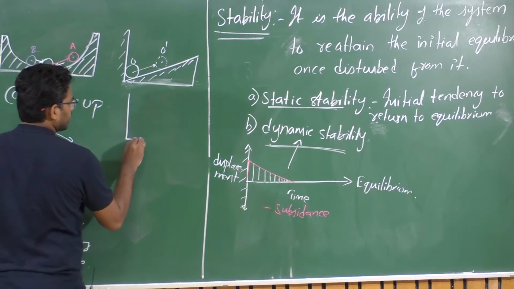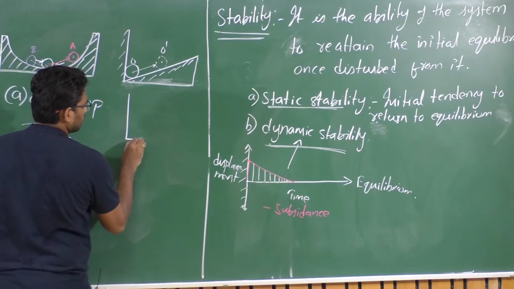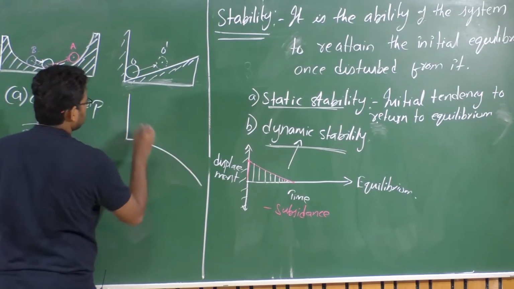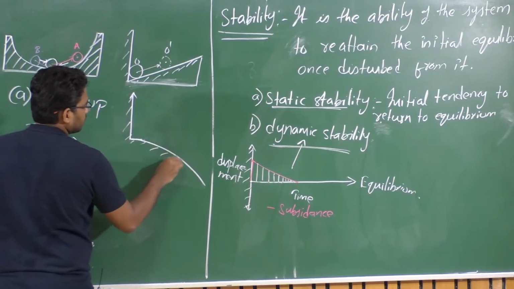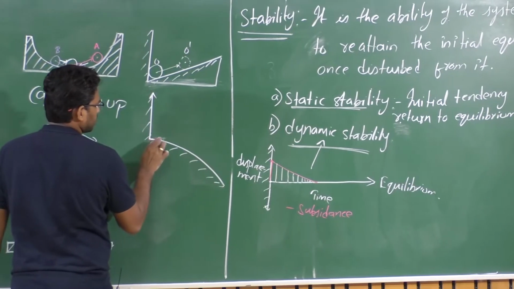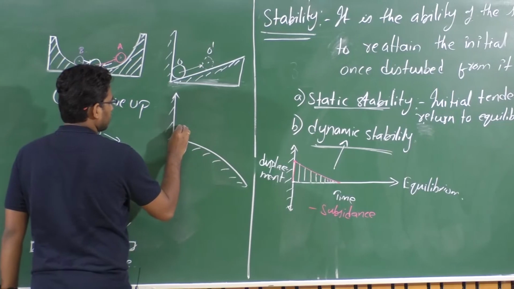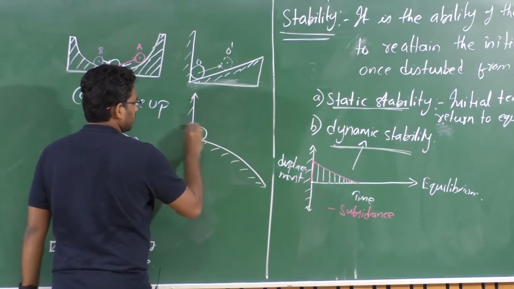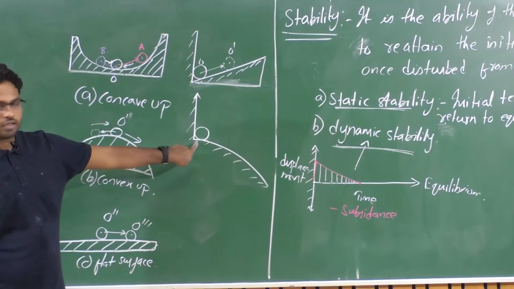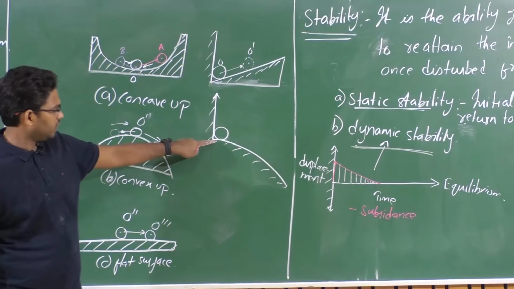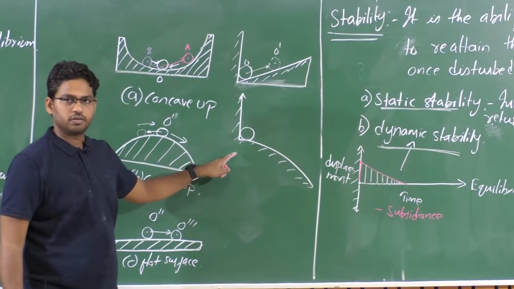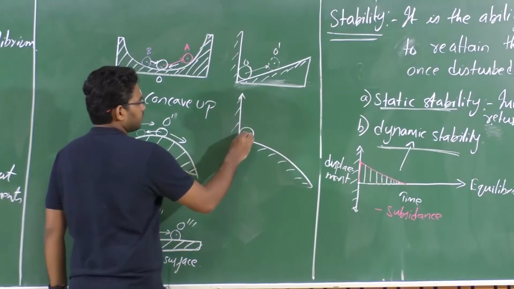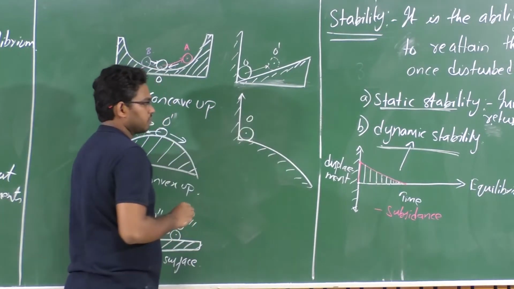And consider the other case. Let us say we place this object here. Let us say somehow we made this ball stand at this particular location. Let's say the initial part may be a bit flat compared to this curve. So this particular equilibrium may be O, right?